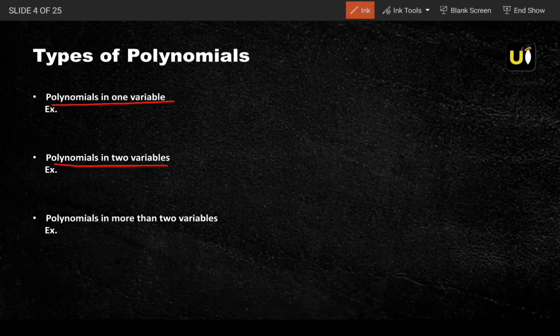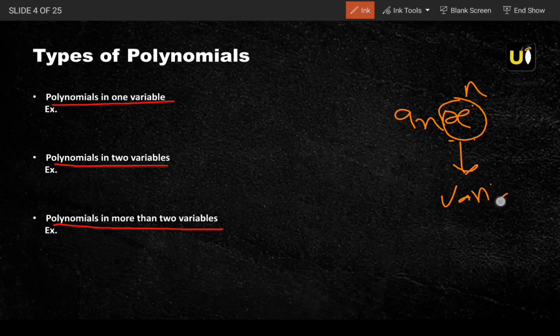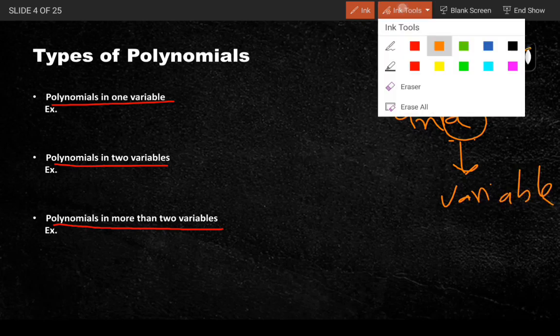Now, a polynomial with a single variable means, let us write a polynomial: x^4 + 3x^2 + 2x + 1. So here we have only x as the variable. No other variable is included in this polynomial expression. So that's why this is an example of a polynomial with a single variable.